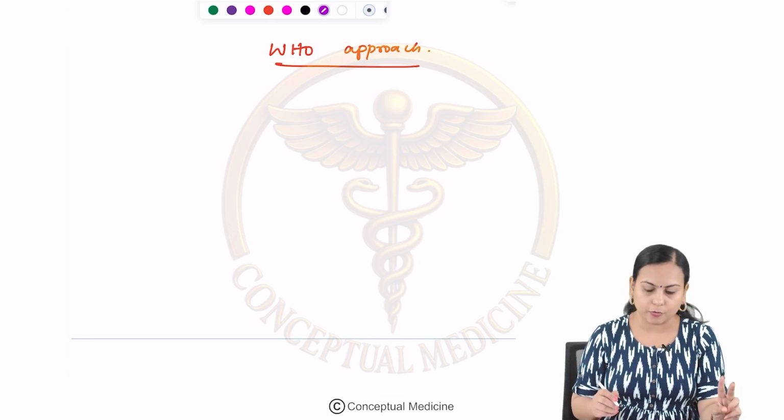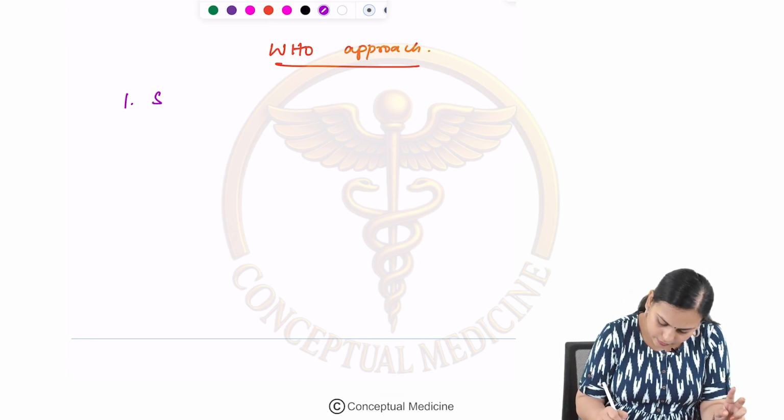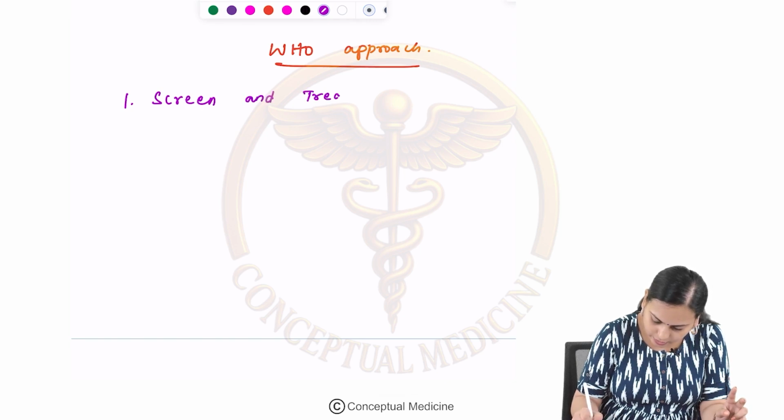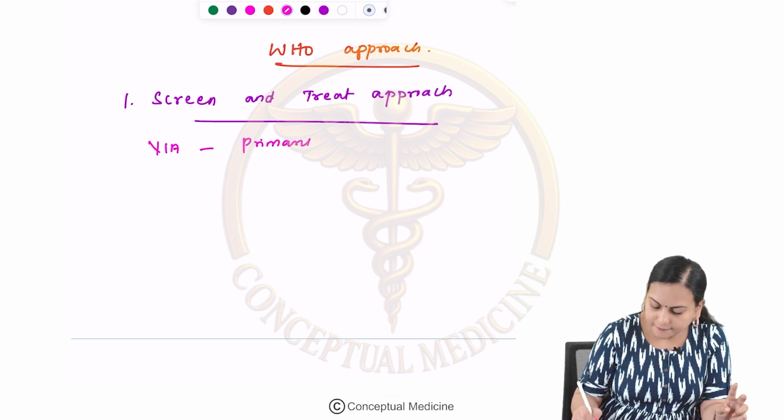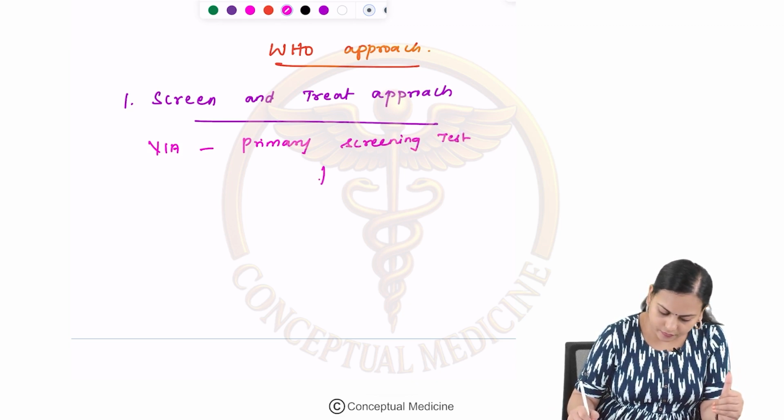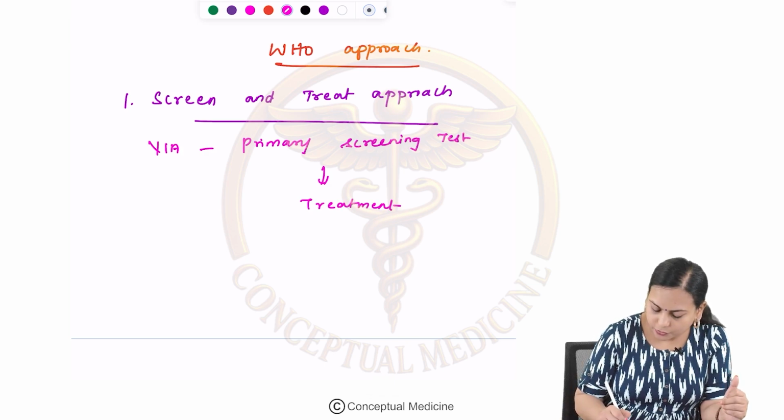There are two approaches. One is the screen and treat approach. Screen and treat approach means VIA is used as a primary screening test, and this will be followed by treatment. This is one option.